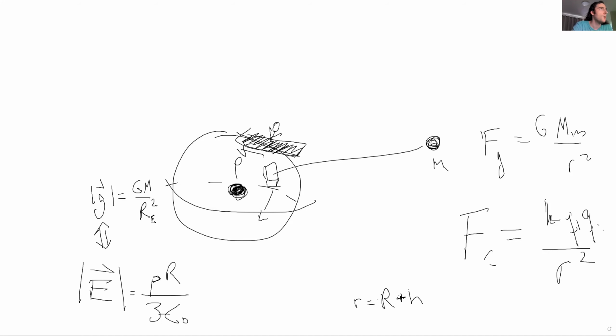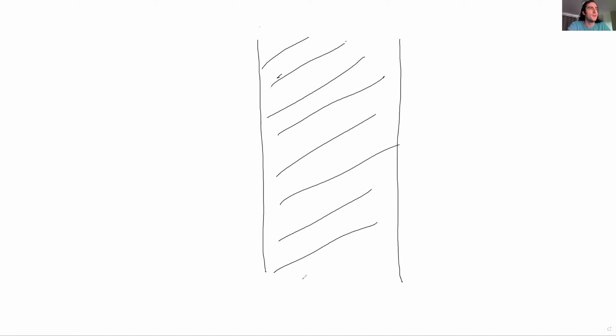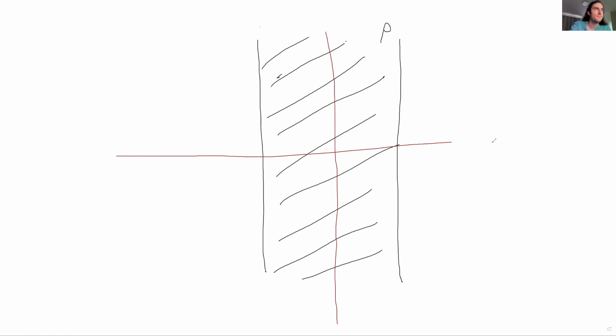All right. So let me ask you guys a question now. Suppose I have a sheet of charge. Now, this is a sheet of charge with some thickness. And this thing has a uniform charge density rho. So we have coordinate axes like this and like this.